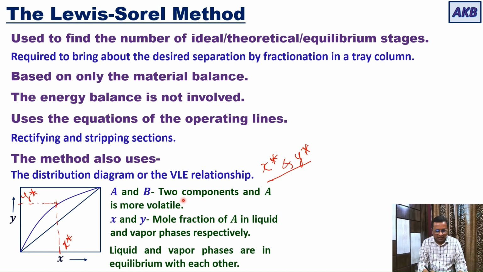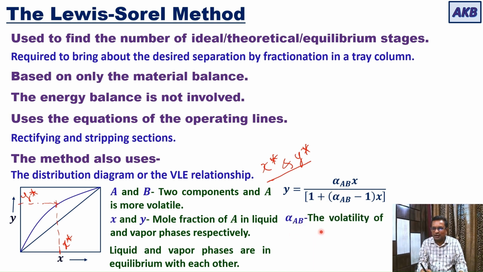If this data is not known to you, and instead an equilibrium relationship like this one is known, that means if you know the relative volatility, in this case alpha AB is the volatility of A relative to B, then if alpha AB is known to you, you can get this equation.